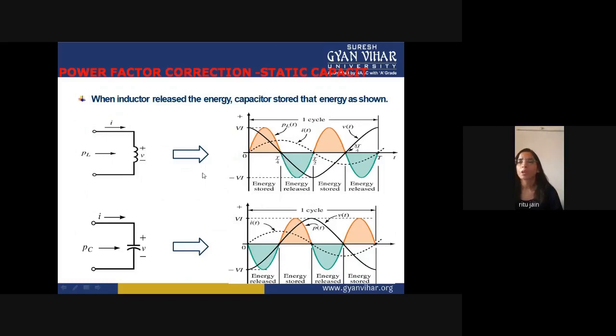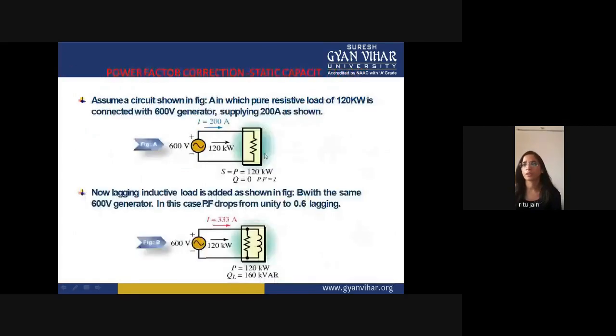So from this diagram we can easily understand how a capacitor can improve or correct our power factor. Now, power factor correction using a static capacitor.